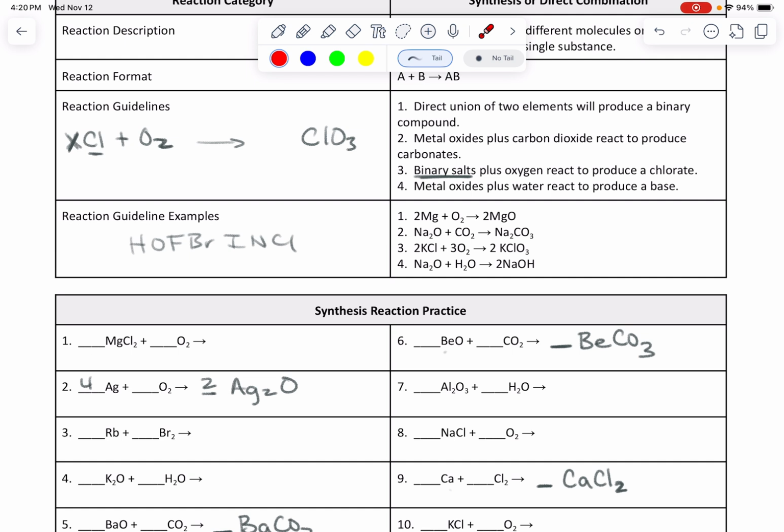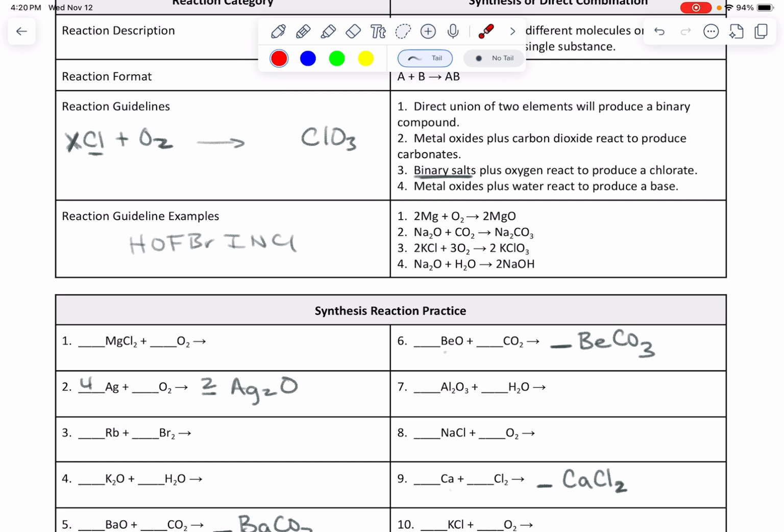Okay, so we know that it's going to be a metal plus chlorine. That's our binary salt. We know it's chlorine because we have chlorate. Oxygen is our other reactant. Okay, and whatever we have here has to bond with the chlorate on this side as the cation.